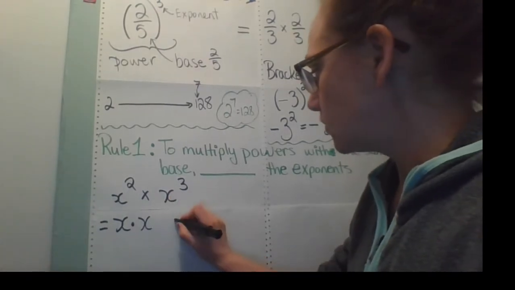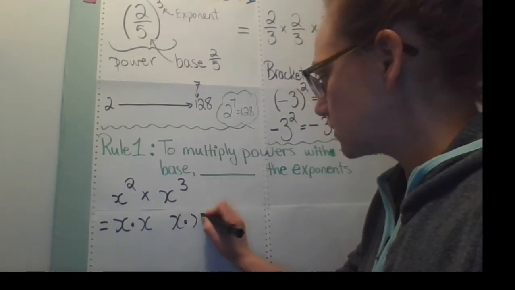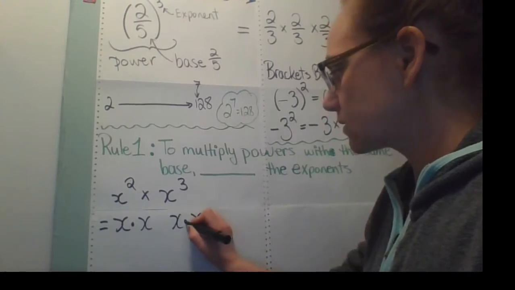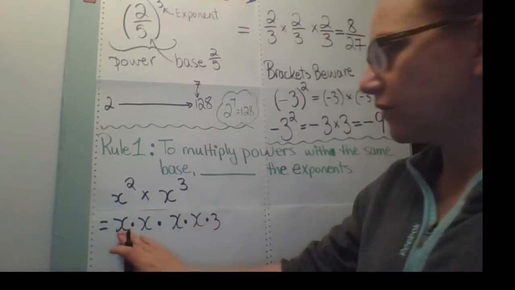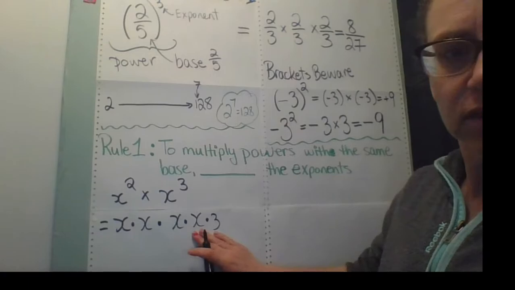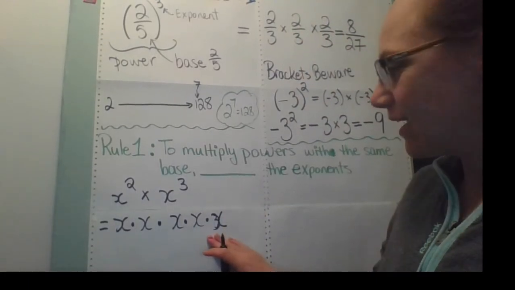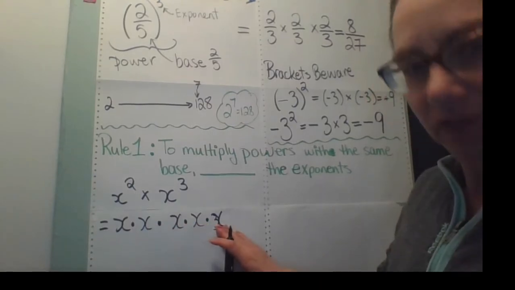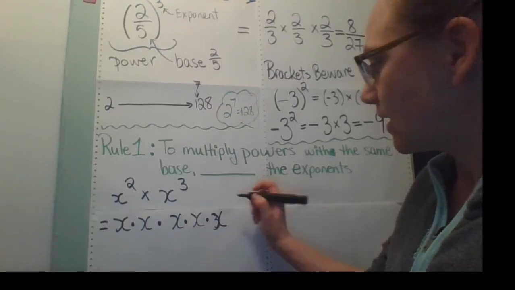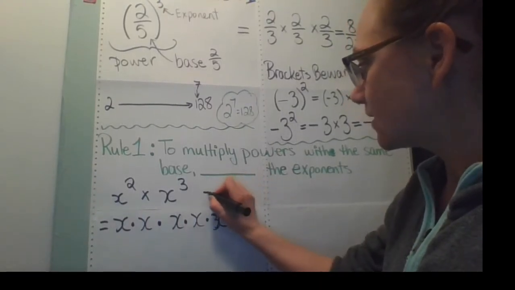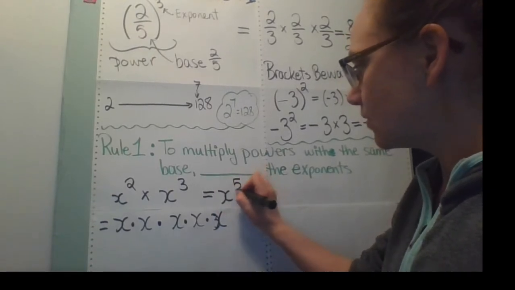And x cubed says I've got x times x times x. So if I'm going to do x squared times x cubed, how many x's do I have in total? I have 1, 2, 3, 4, 5 x's. So my answer in this scenario is going to be x to the 5.